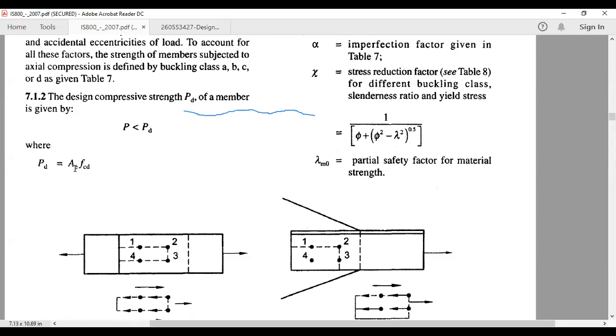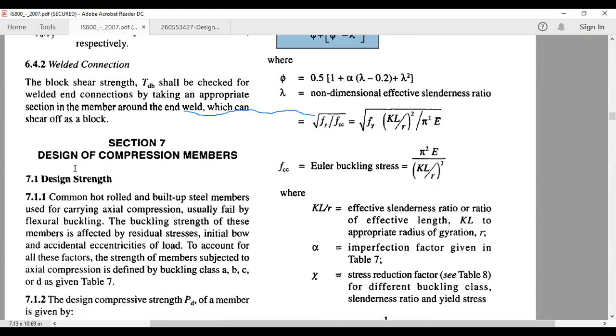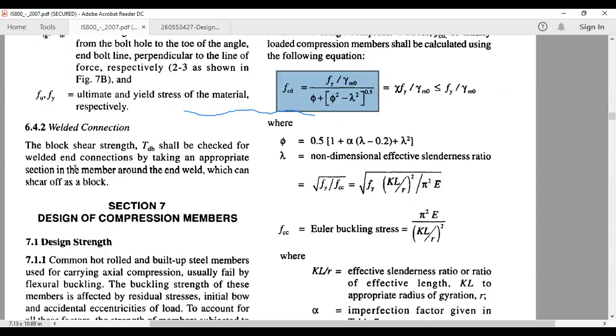If it is a double angle section, as for the principal rafter, where two angles are connected back to back, then we directly determine its radius of gyration, calculate KL by r, go to table 9C and obtain FCD. Because it is a double angle section loaded through both legs, concentrically, there is no need to find the equivalent slenderness ratio.